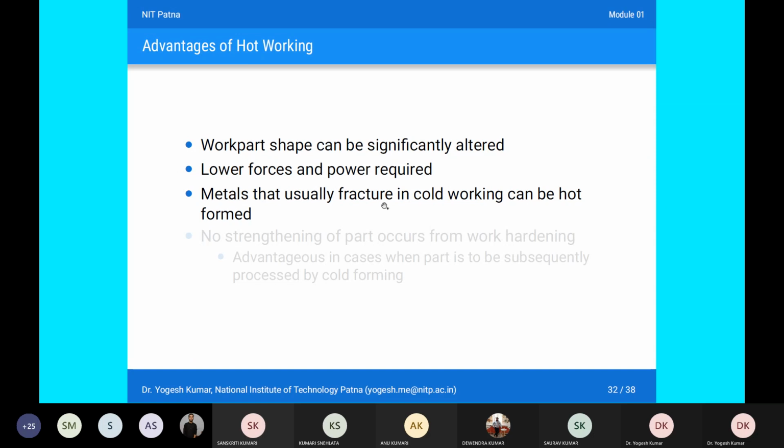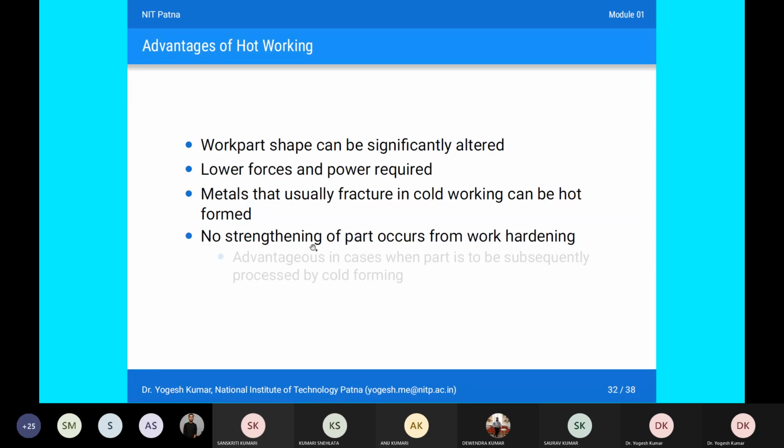So the materials which are brittle at room temperature may be more ductile when they are hot formed.